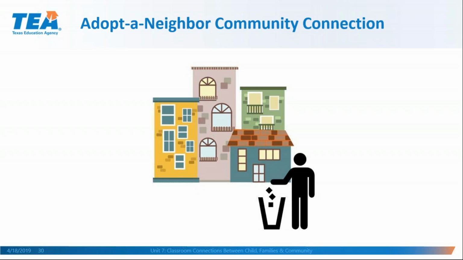But it might mean that there is a business nearby that the children could create pictures for, and they could take it to the business. Or perhaps one of the business owners could come and read a book to the children at school. There are ways to connect and to make the entire neighborhood, even the city, pay attention to the school that's there and offer help.